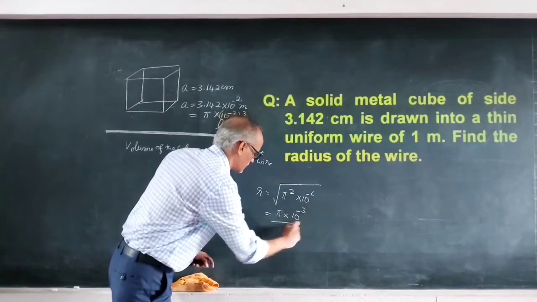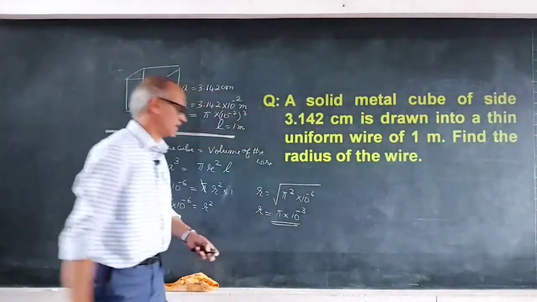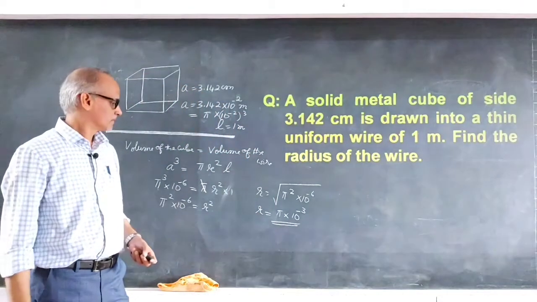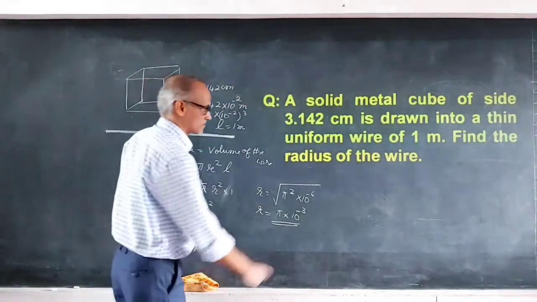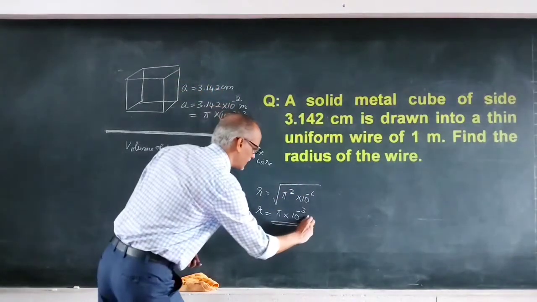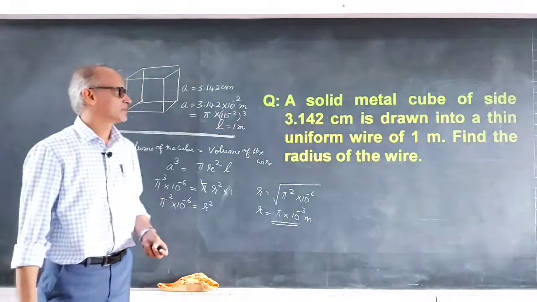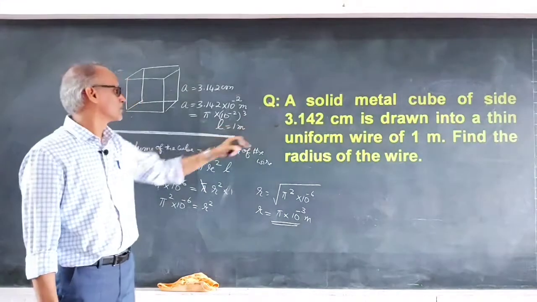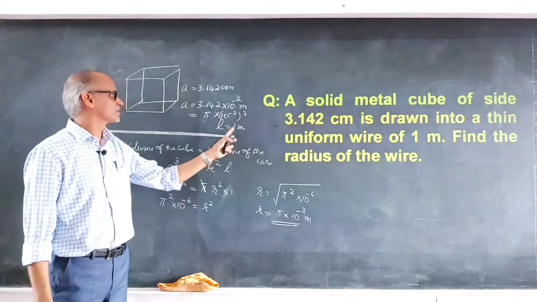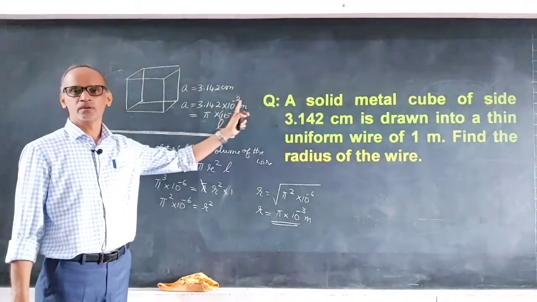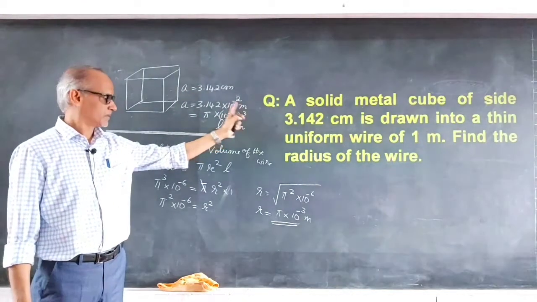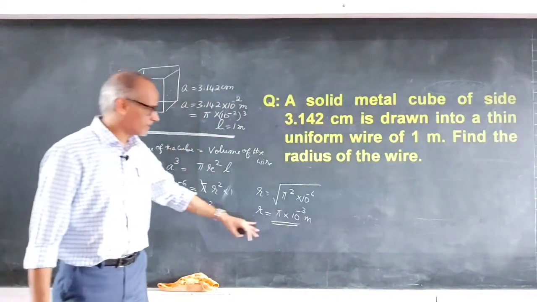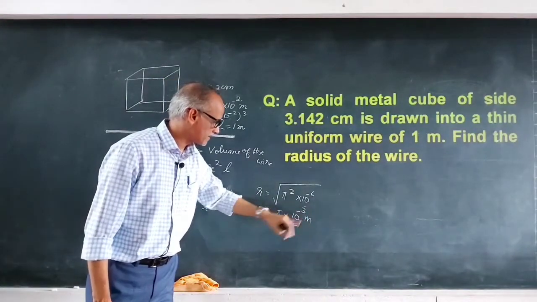So that is the radius of the wire, and that will be in meter. Since the side of the cube was given in centimeter, there was a need to do the conversion from centimeter to meter. That's how we got the answer as pi into 10 to the power minus 3 meter.